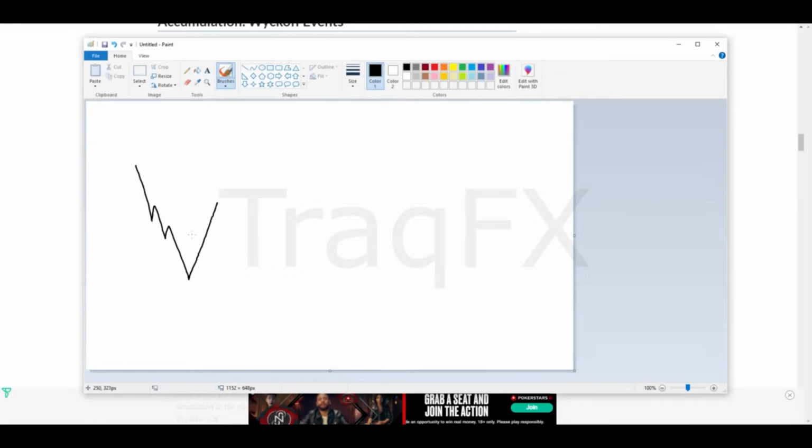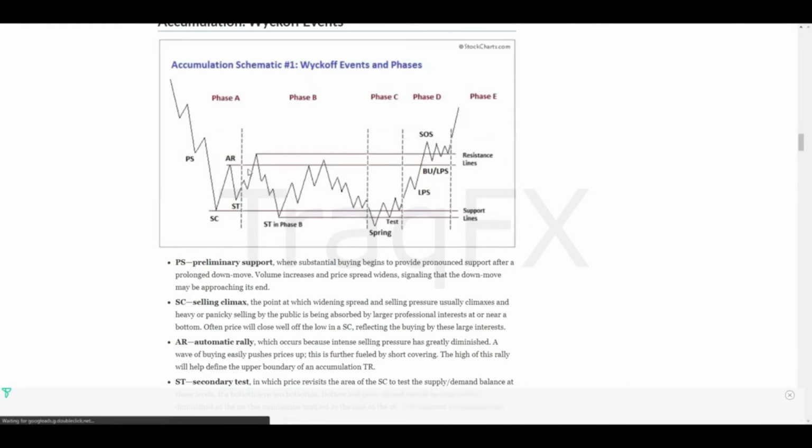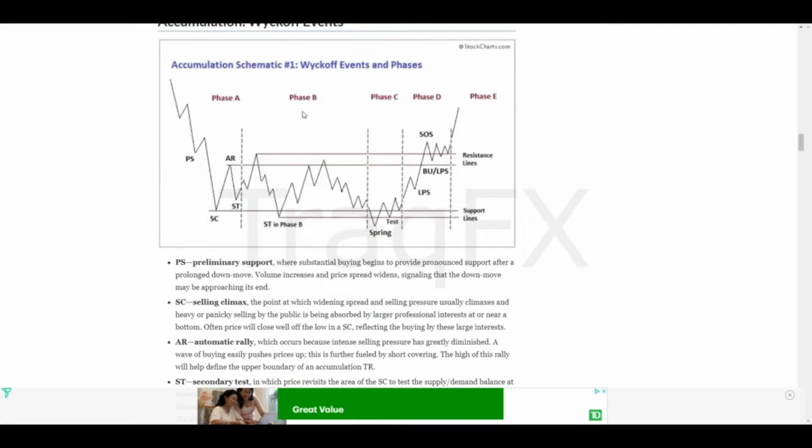Inside of this push up you're going to see a demand zone, and most likely an institutional candle, and the market is going to have to come back down to retest that institutional candle. This can be seen as your secondary test, where the market makes a second test in the same area of that selling climax, and then from there you'll most likely see a small wave of buying pressure form. So then you see that move up, and now we're in phase B.